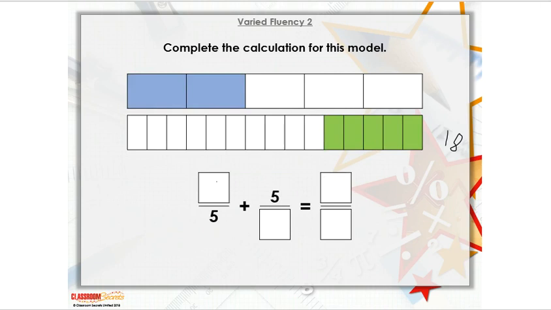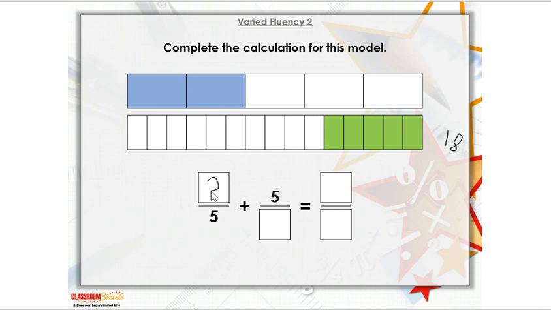Question 2. Complete the calculation for this model. This model shows us some amount of fifths, our numerator is missing, plus 5 and our denominator is missing. Now we can do this nice and easily because we've got the model. We can see that it's 2/5, 2 out of 5.